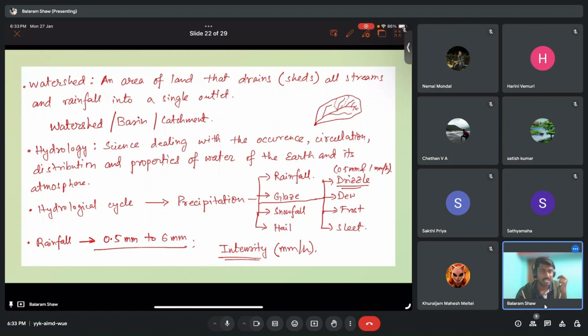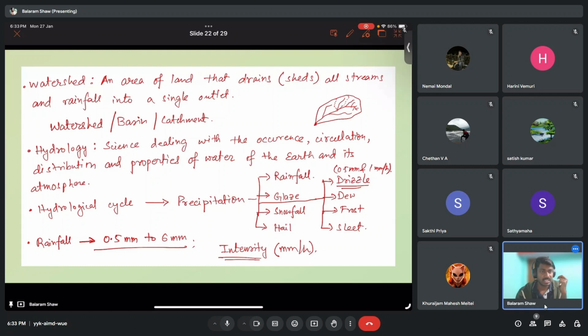Precipitation in the form of lumps of ice over 5 mm diameter, formed by alternate freezing and melting, is called hailstorm. Next is glaze. In colder places, you will see an ice coating on the raindrops while they come in contact with cold objects on the ground. That is called glaze.